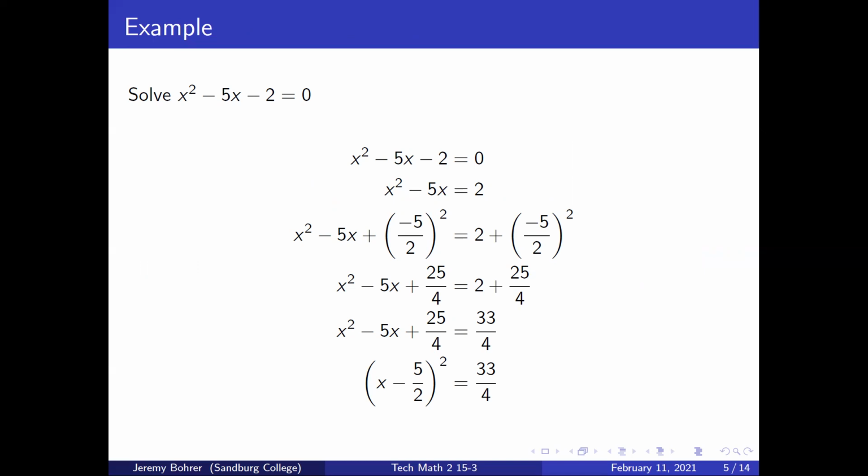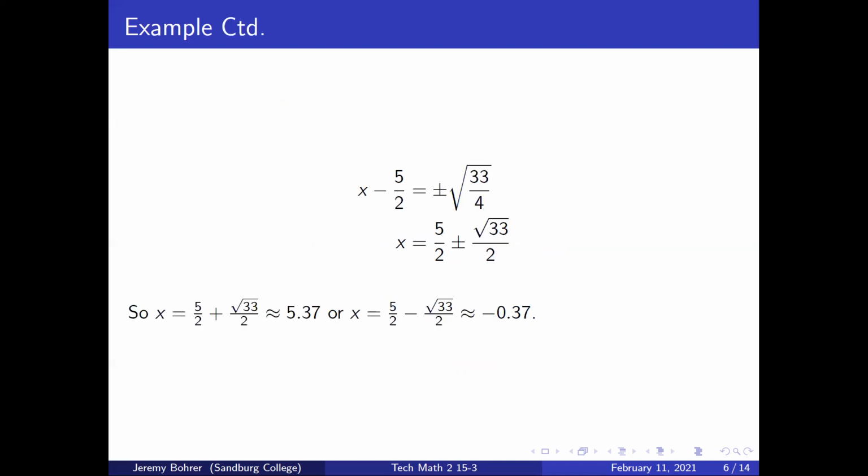So that's x squared minus 5x plus 25 over 4 equals 2 plus 25 over 4. Simplifying on the right, we get x squared minus 5x plus 25 over 4 equals 33 over 4. And then simplifying on the left, that's (x minus 5 over 2) squared equals 33 over 4.